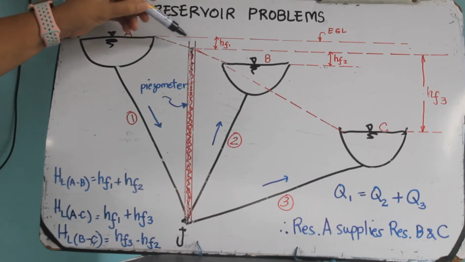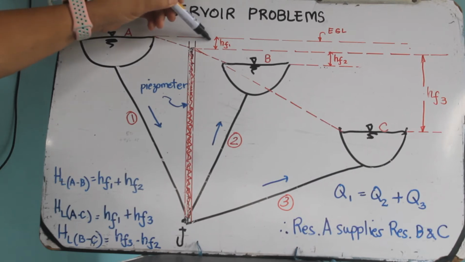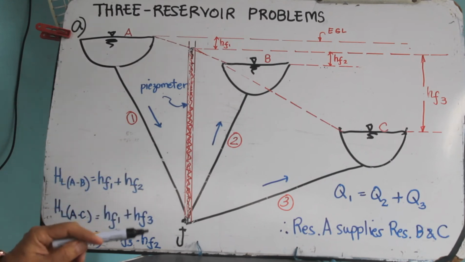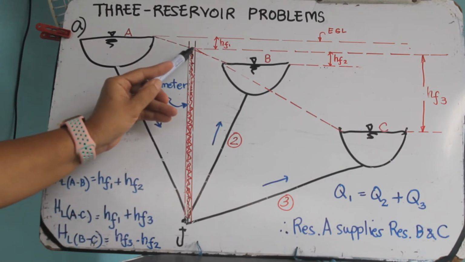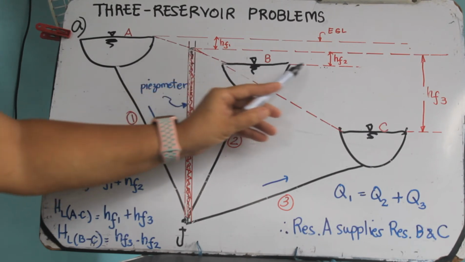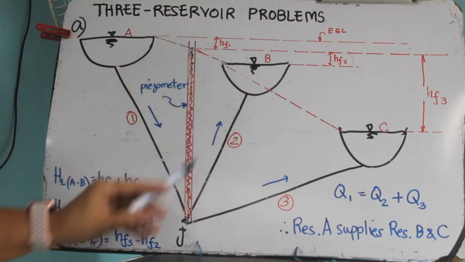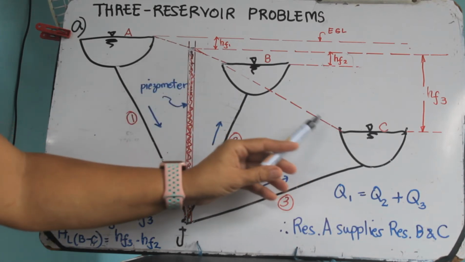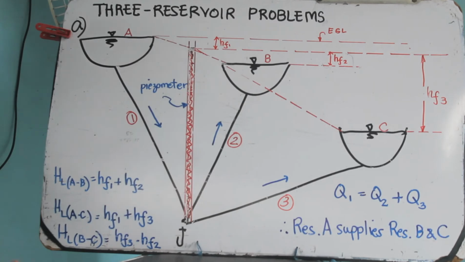So this sloping line will indicate a vertical drop, which is the head loss along pipe 1. Then from the piezometer level to the water level at reservoir B will indicate the head loss, friction loss at pipe 2. From this level to this level, the vertical drop is HF3.